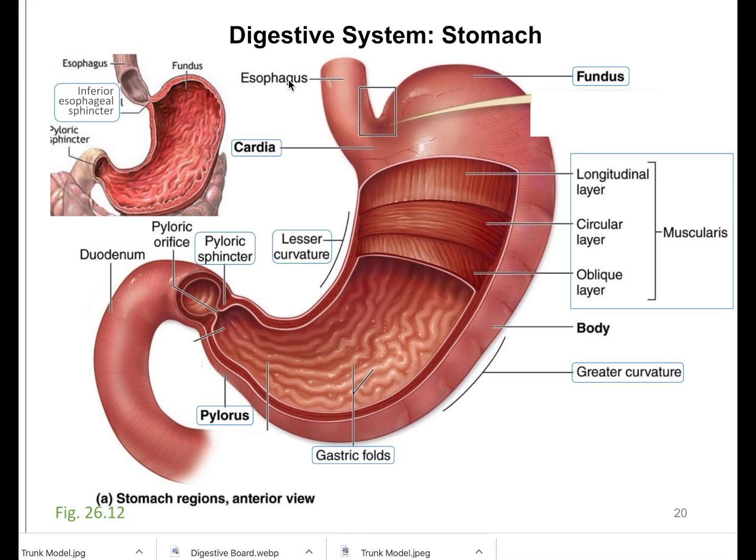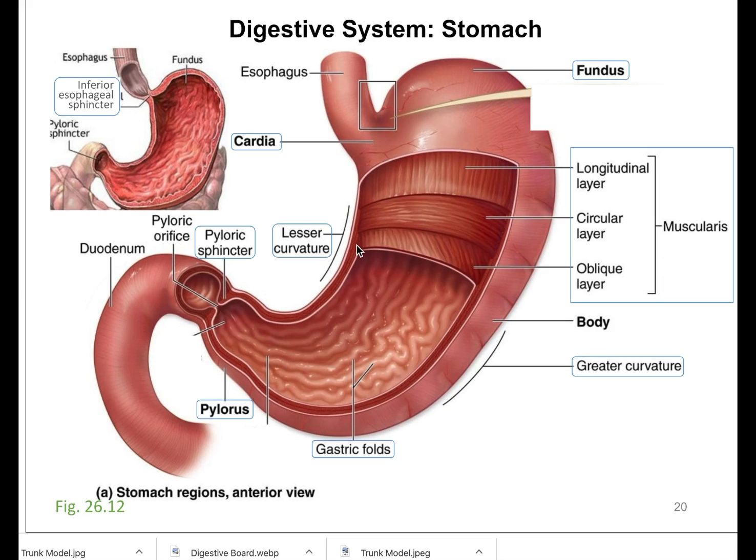And if you remember, the diaphragm sits on top. So the esophagus passes through the diaphragm. This upper part of the stomach is called the fundus, and the fundus sits right up underneath the diaphragm. Then you have these two curves, which we talked about when we did the blood vessels. The inside curve is called the lesser curvature, and the outside curve is called the greater curvature.